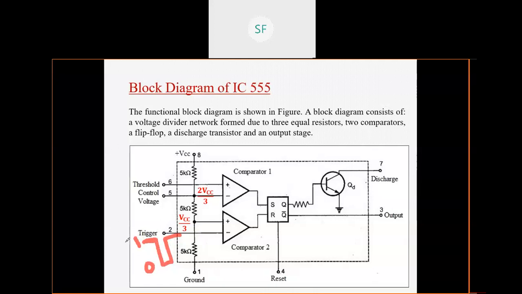Let's say this one level is VCC. VCC is the high level and the low level is 0. This is the high level, equal to VCC. Let me rewrite it bigger for you. Suppose the trigger is given a negative pulse.